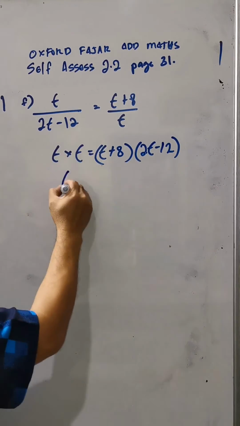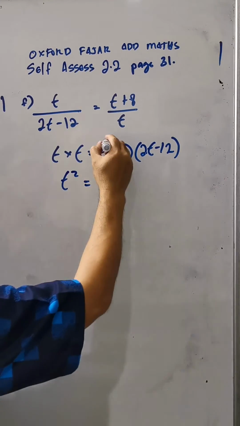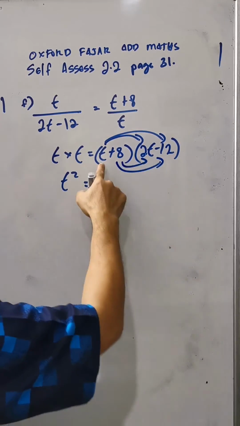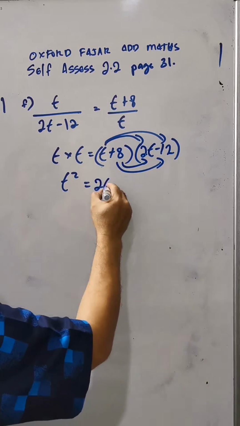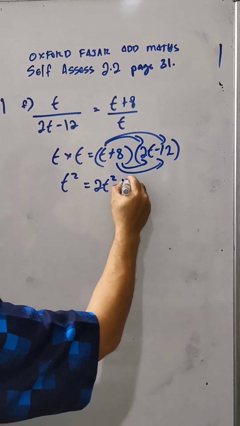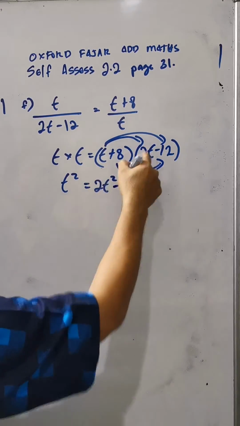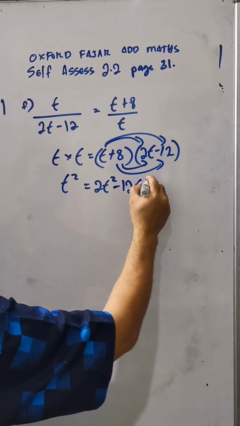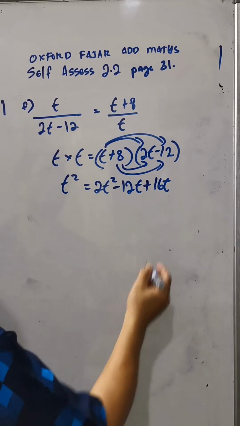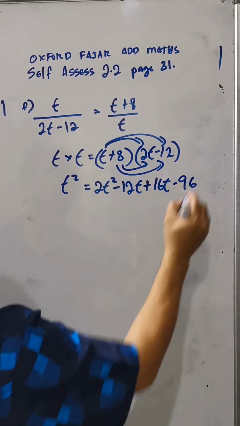So t times t will be t squared equals, this one you have to multiply like this. t times 2t will be 2t squared. t times negative 12 will be negative 12t. 8 times 2t will be positive 16t. 8 times negative 12 will be negative 96.